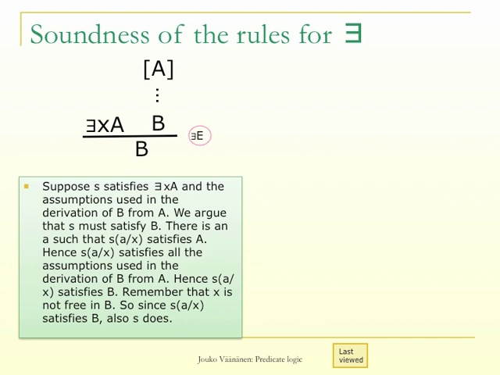So there may be a kind of grand scheme to use, for example, the disjunction elimination rule, and that rule introduces temporary assumptions which now occur in the derivation of B. And then outside this little step, they will be eventually eliminated. Okay, so we suppose S satisfies all the uneliminated temporary assumptions used in the derivation of B from A.